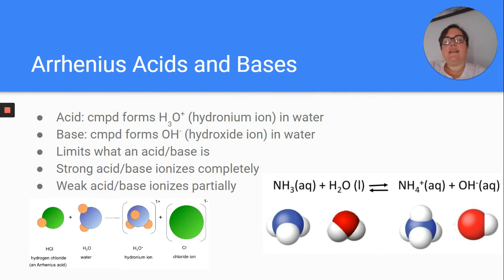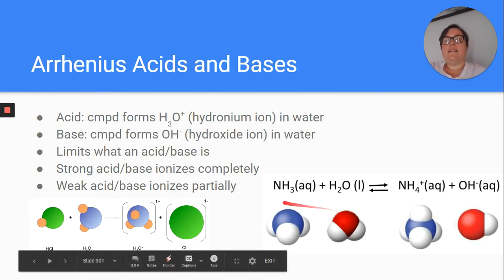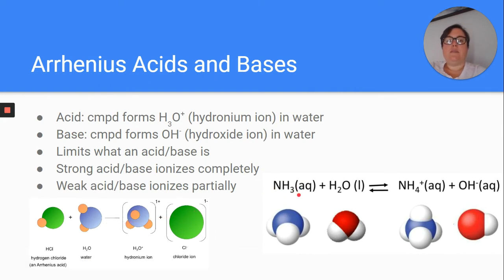But acids and bases ionize, and ionize just means that they break into cations and anions. They break into ions. And so strong acids and bases will always break apart. So here we have HCl, and it's going to break into its H plus and its Cl minus all of the time. So notice the arrow goes one direction. Where our weak base over here will only ionize partially.